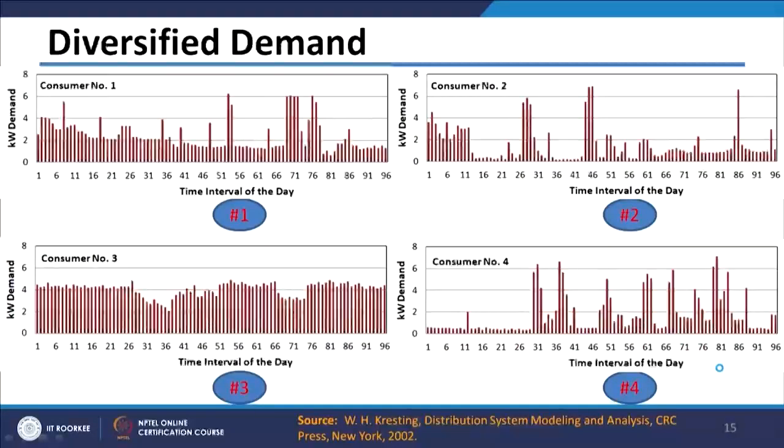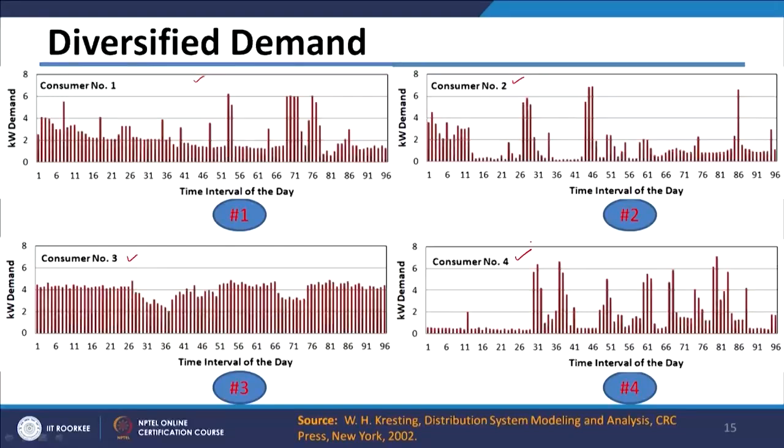To explain this diversity factor further, I have given the consumption of 4 different consumers. If you can see these figures, this is consumer number 1, consumer number 2, consumer number 3, consumer number 4, and these are the load curves of all these 4 customers.